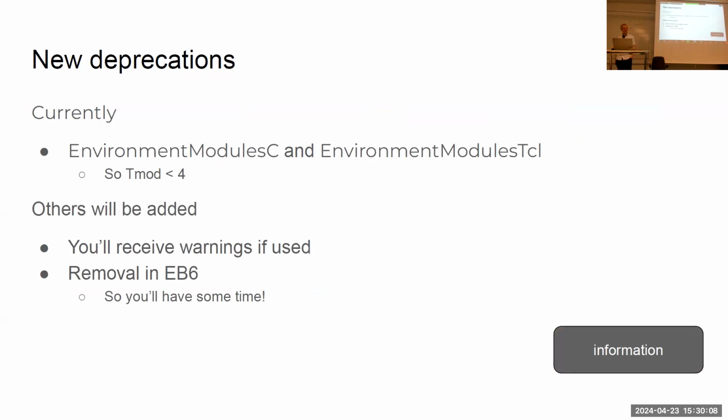New deprecations. Not actually that many at the moment. Environment modules. So that's what you would set, I think, in EasyBuild to tell it what type of environment modules you are. One's called EnvironmentModulesC and one called EnvironmentModulesTcl. One of those is the really old one and one's the even older. So they are ancient, which is effectively anything under version 4.